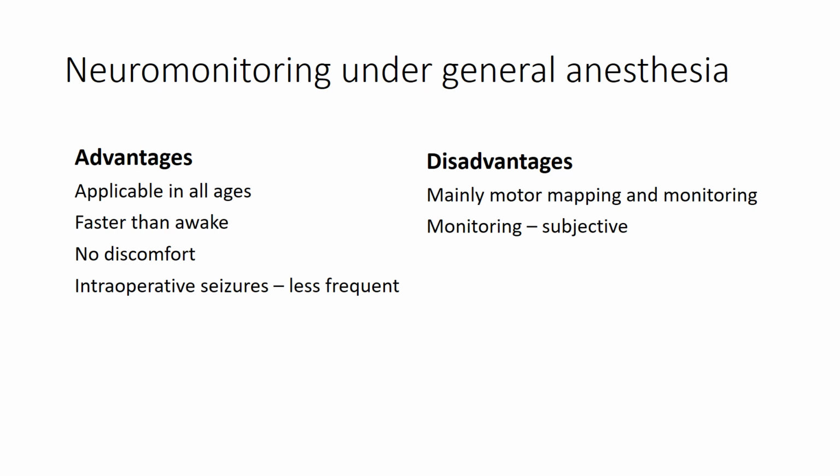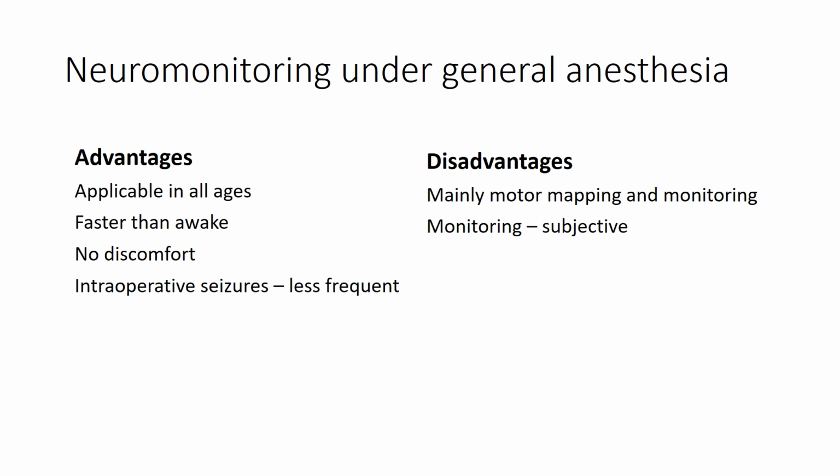Neuromonitoring under general anesthesia has some important advantages. Unlike awake craniotomy, it's applicable in all ages. It's faster than awake. There is no discomfort for the patient, so it can be used in all age groups, in all levels of intelligence and cognition. Intraoperative seizures are much less frequent.